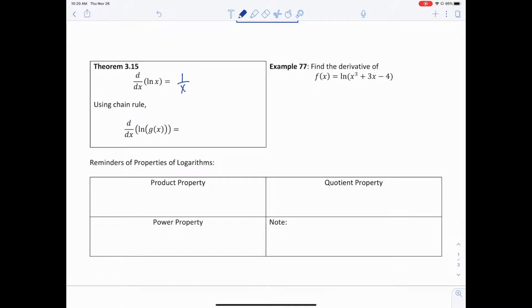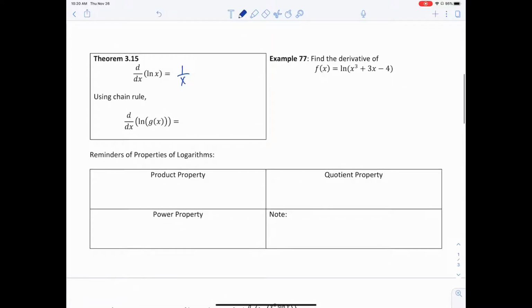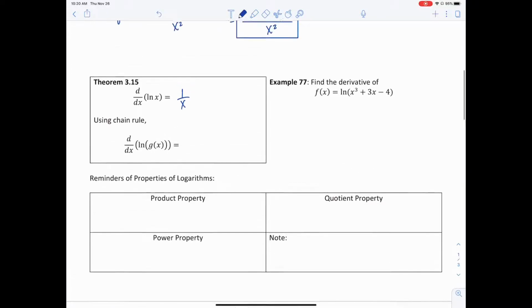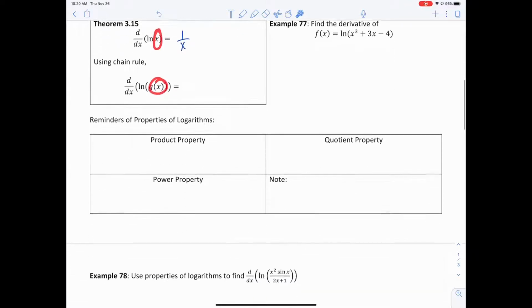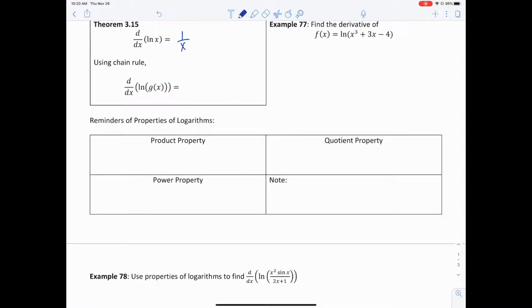So using the chain rule, if I have a function instead of x, so a function inside the natural log, I would do 1 over that function times the derivative of that function. The better way to write it is maybe to write it as g prime of x all over g of x. I'm going to leave it in this form though because we're used to doing like times the u prime.